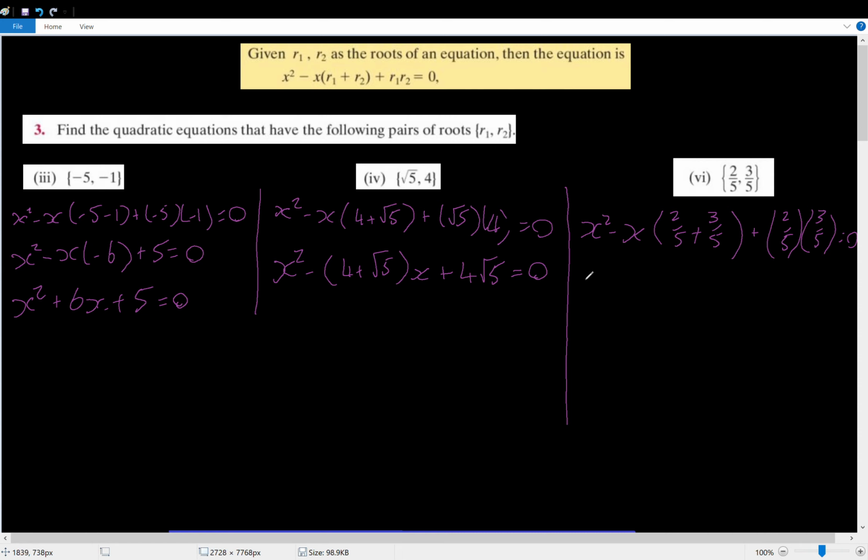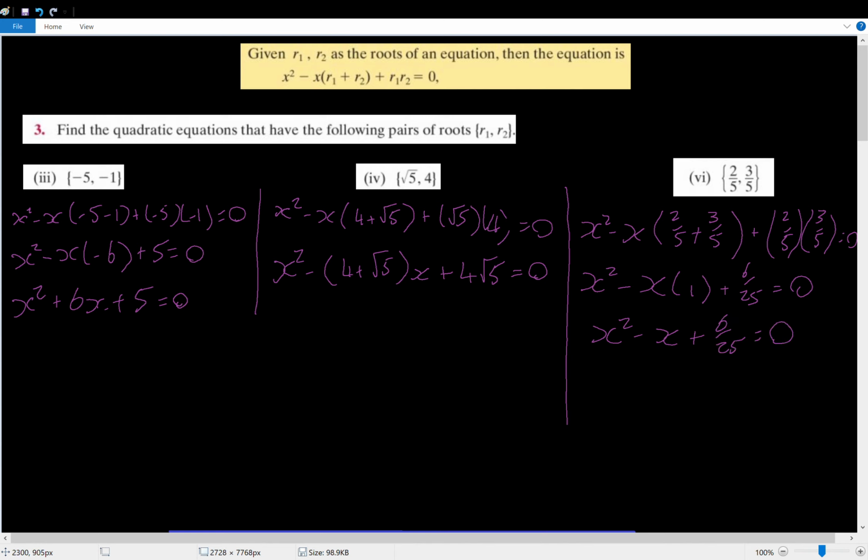And when we work that out, we're going to get x squared minus x times 1 plus 6 over 25 is equal to 0. And we multiply out the bit in the middle, we're just going to get x squared minus x plus 6/25 is equal to 0.